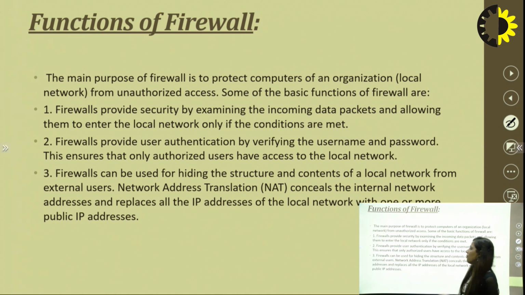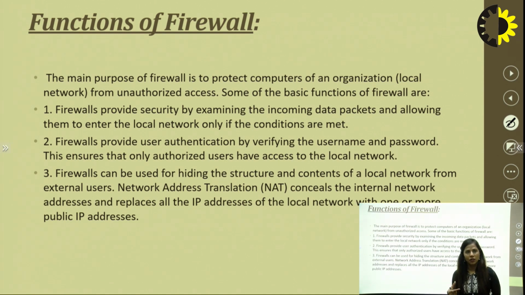First, the firewall provides security by examining the incoming data packets and allowing them to enter the local network only if the conditions are met. It plays the role of a security guard, examining what data is coming into the network, what communication is going on, and what the particular person is trying to access.